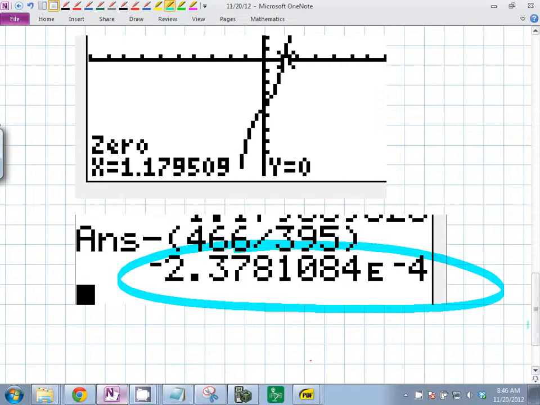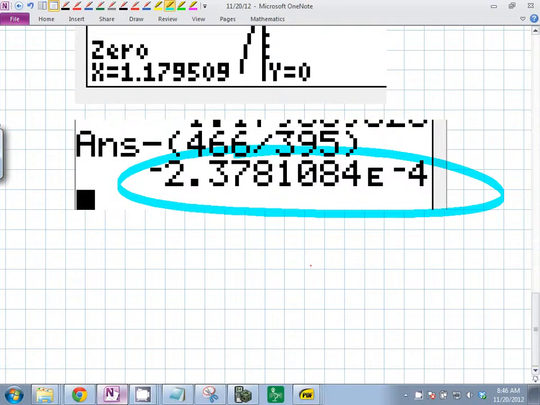We subtracted our estimate from the actual, and we ended up with a negative number. So do we have an overestimate or underestimate? Overestimate by how much? By 2, 3, 7, 8, and then we move it 1, 2, 3, 4 places. So is that pretty close?